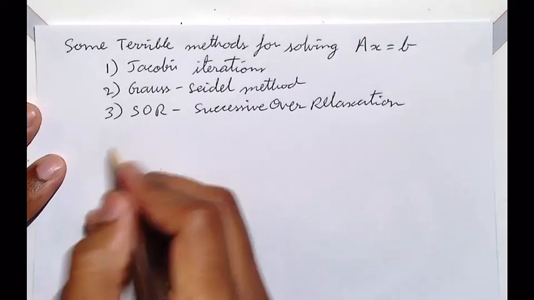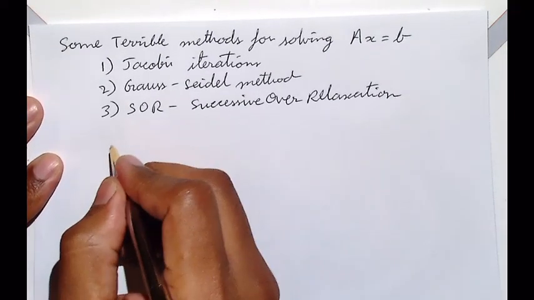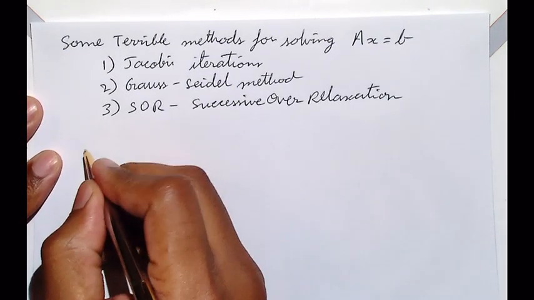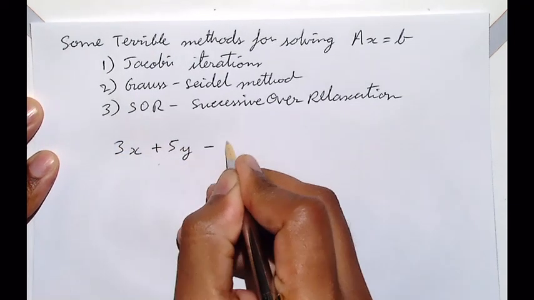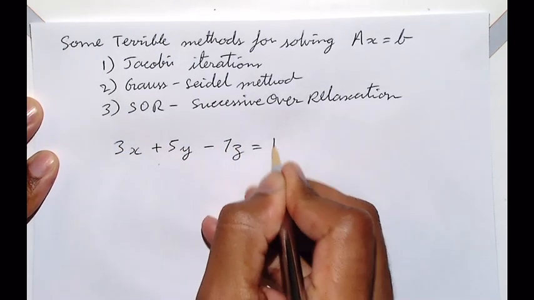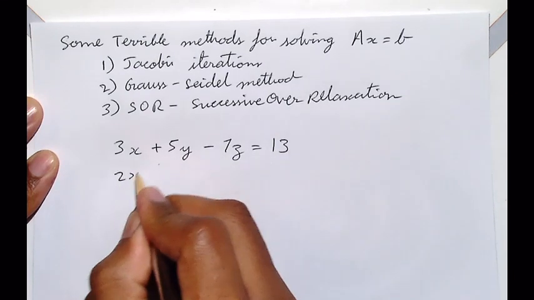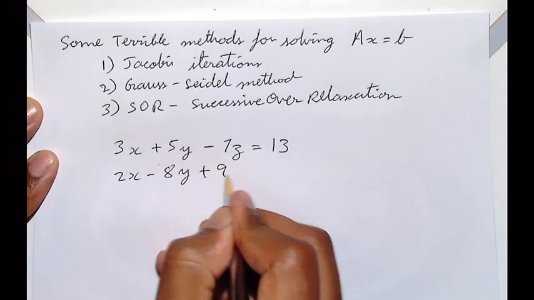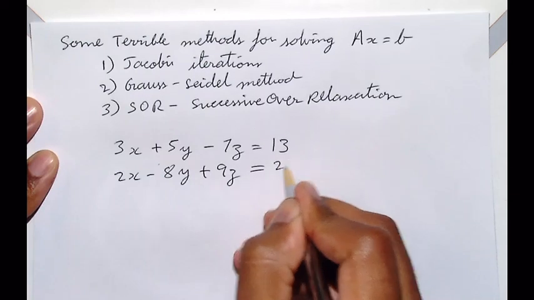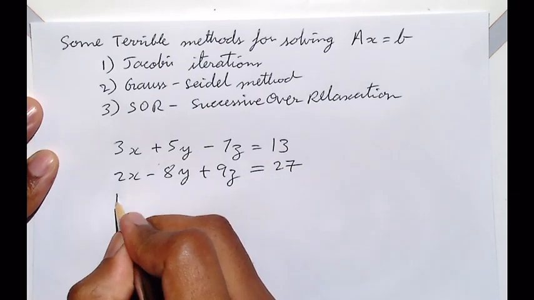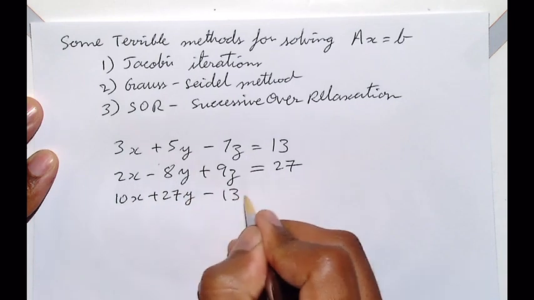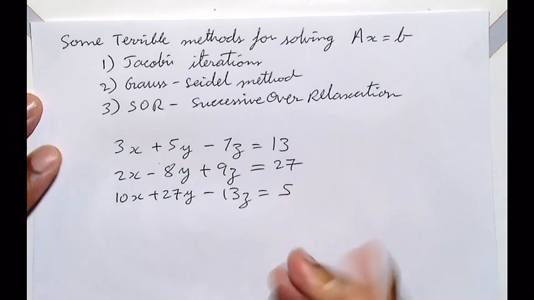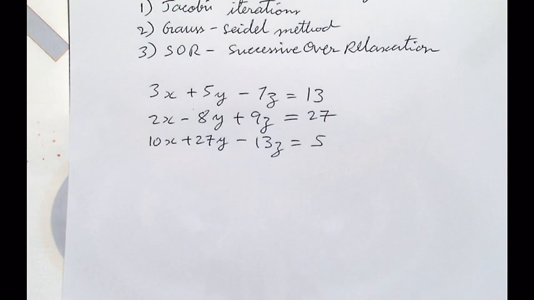Let's say we have a system, I will create a fake system. Let's say we have 3x plus 5y minus 7z equal 13, 2x minus 8y plus 9z equal 27, 10x plus 27y minus 13z equal 5. Okay? So I've just written some random system of equations, and you can solve this very easily.